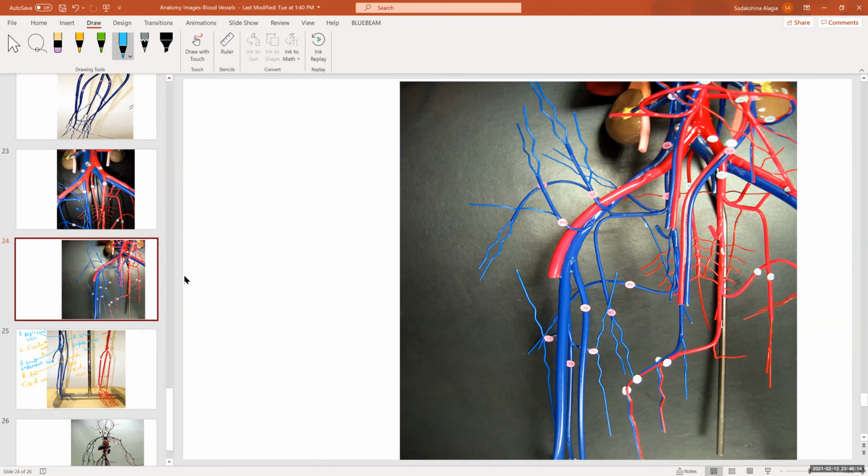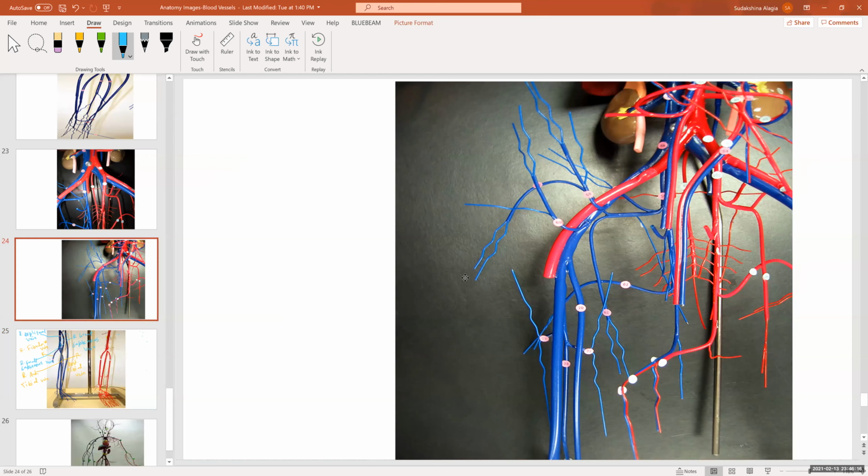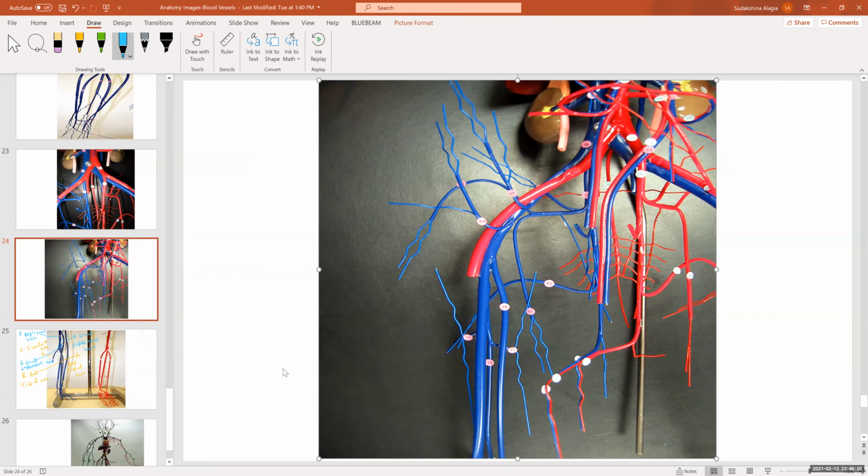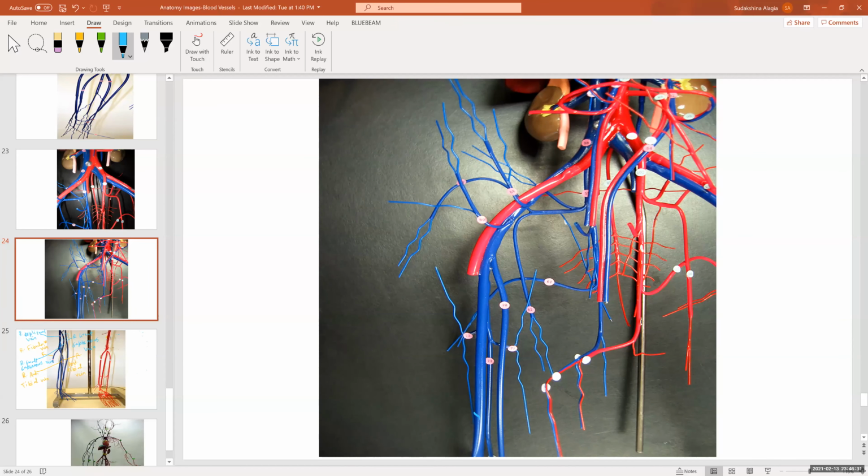Now let's move that. So here we can see the vein. What we saw in the model, the same thing. Basically, this is the right femoral vein.